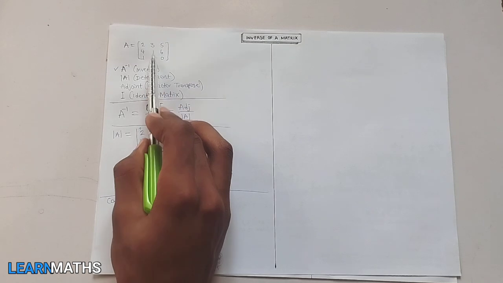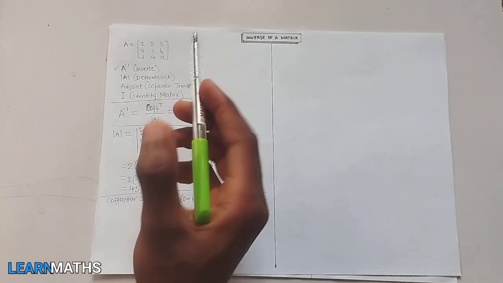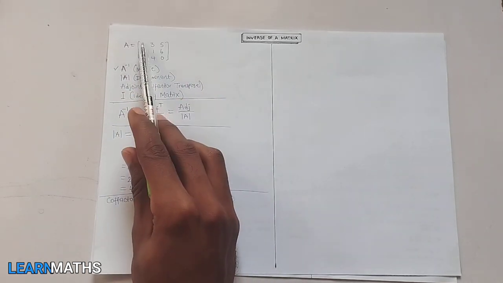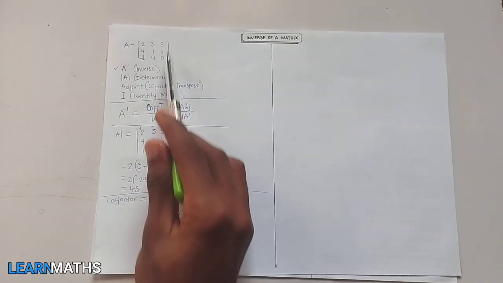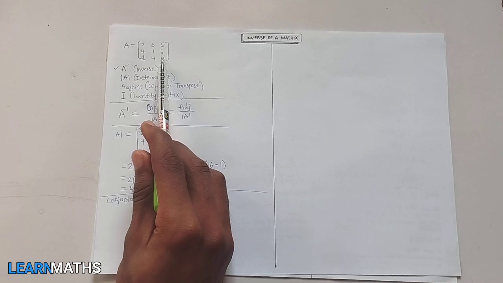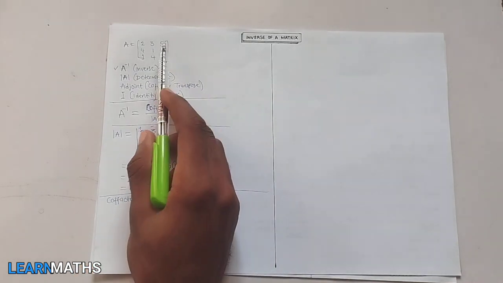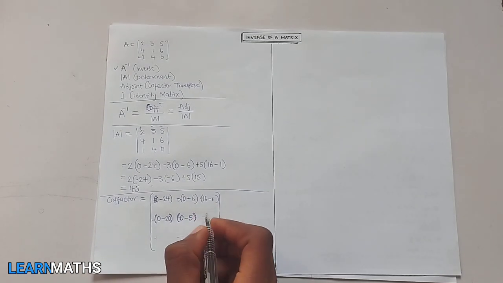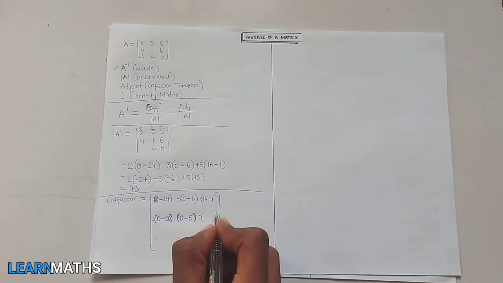You're going to be left with 2, 5, 1, 0. So we're going to cross multiply as usual. 2 is going to multiply 0, that's just 0, right? Then 5 is going to multiply 1, that's 5. The next element is going to be negative, right?